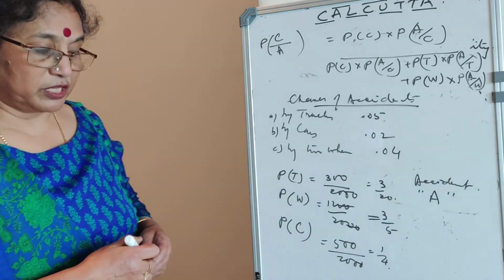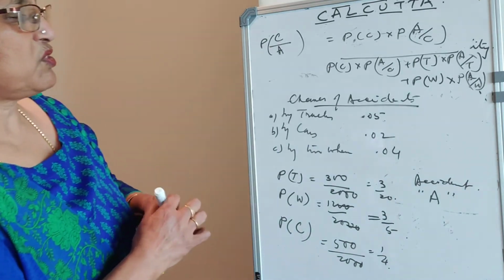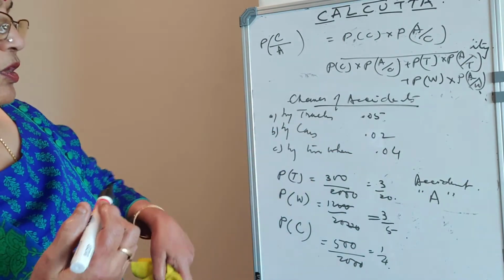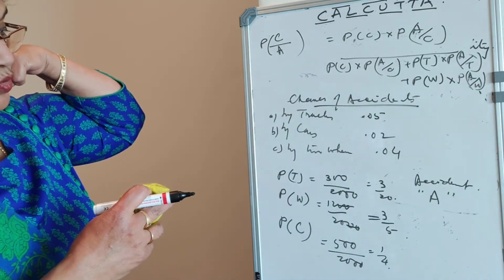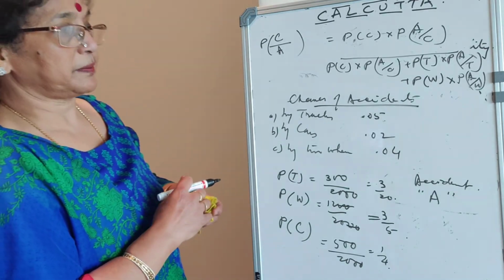That's all. And then you put in the respective numbers. Accidents for trucks is 0.5%, cars is 2%, and two-wheelers is 4%.